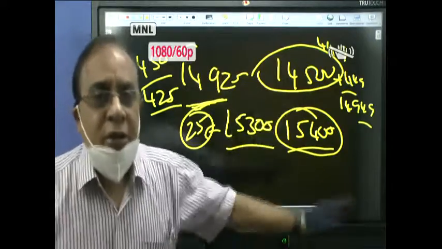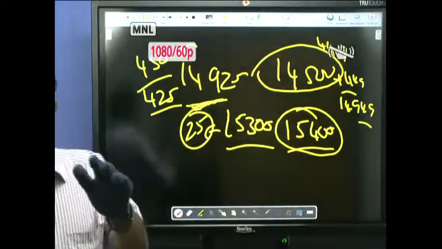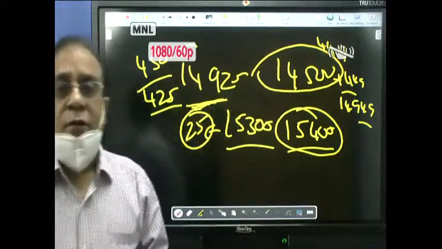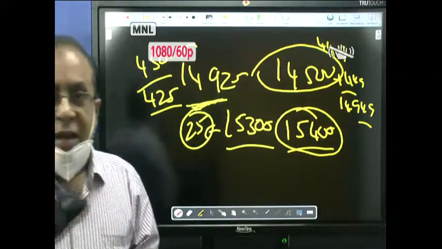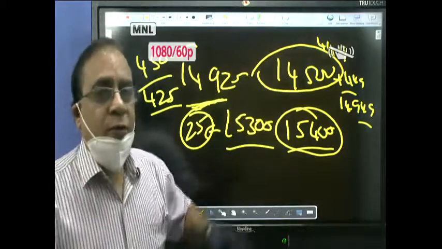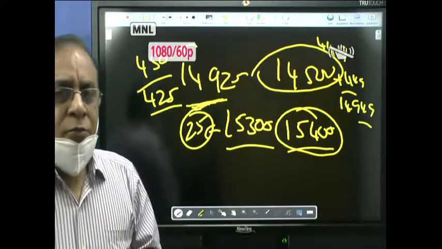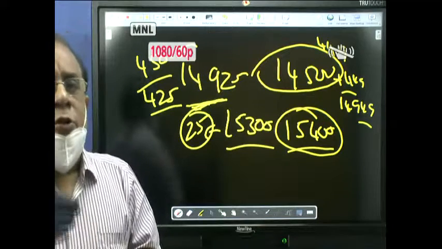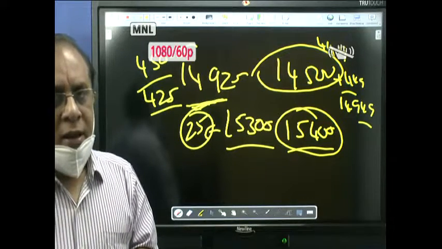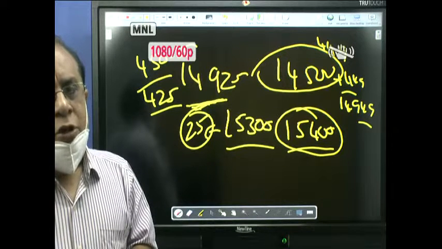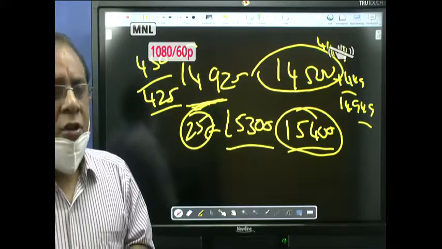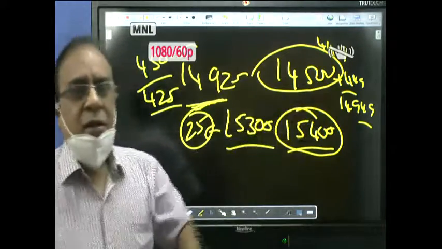The loss is still limited to the extent of 425. Whereas in the case of futures, the loss will be even more if it starts sliding below 14,500 and you have not taken any action. Similarly, it also applies in case the market goes above 15,300, but we will come to that later, because you can always roll over the option, moving it slightly higher for every 100 or 200 rupees and get a benefit.